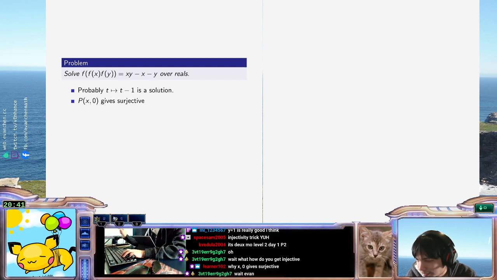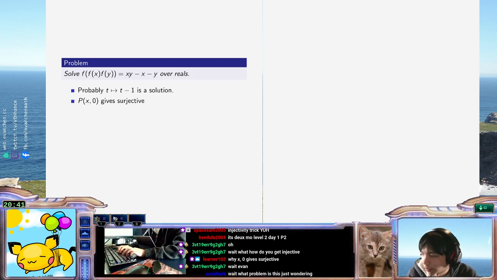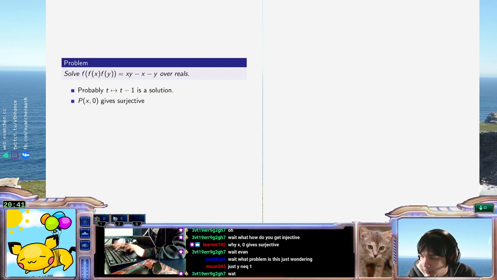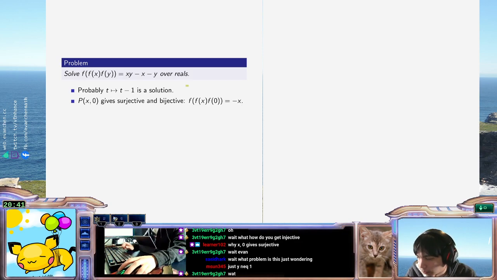Hang on. P of (x, 0) gives surjective and bijective because it gives f of f(x), f(0) is a function, is minus x. So if f(a) equals f(b), then great.